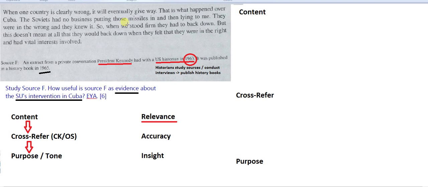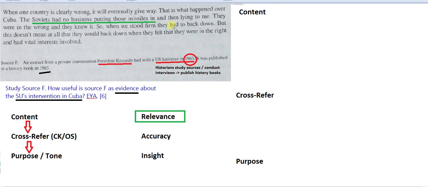It does tell us that the Soviets intervened by putting those missiles in. So we have one point over here that shows us that this source is relevant.